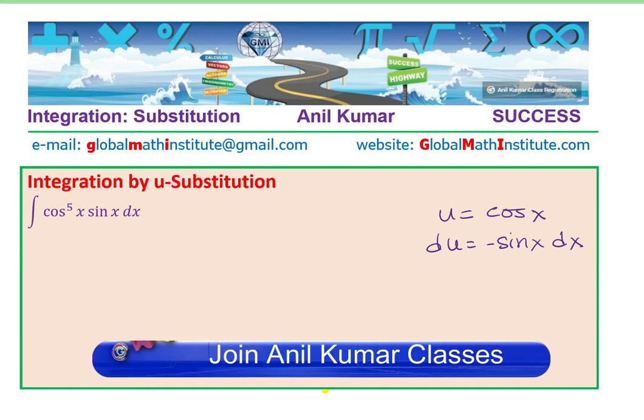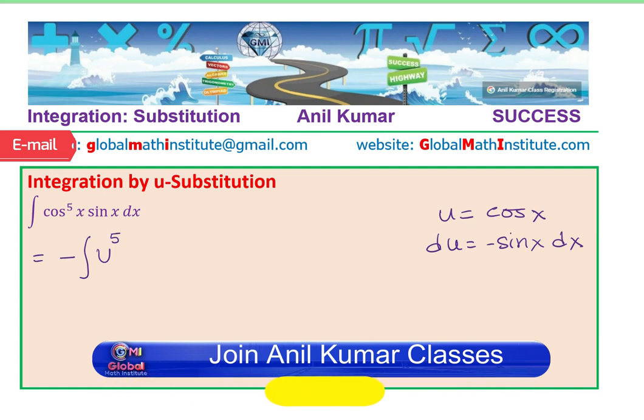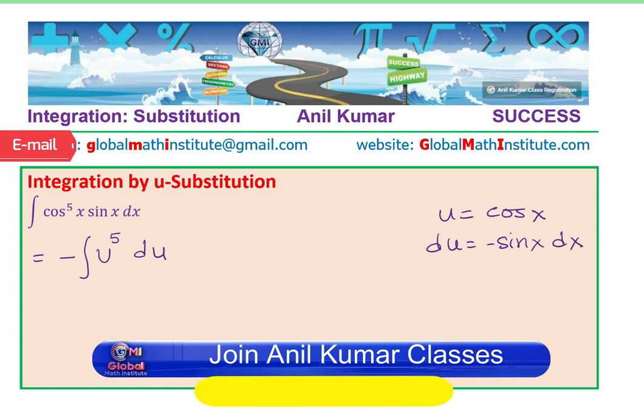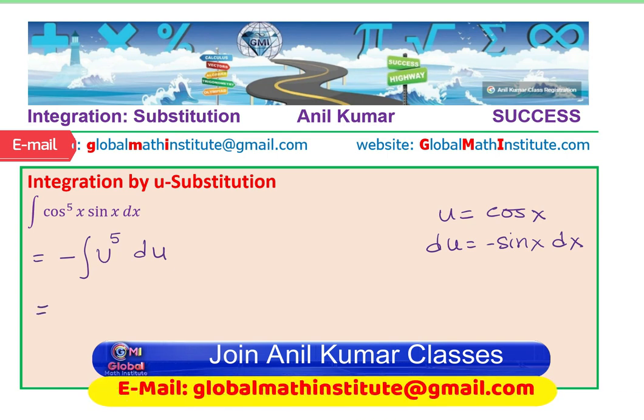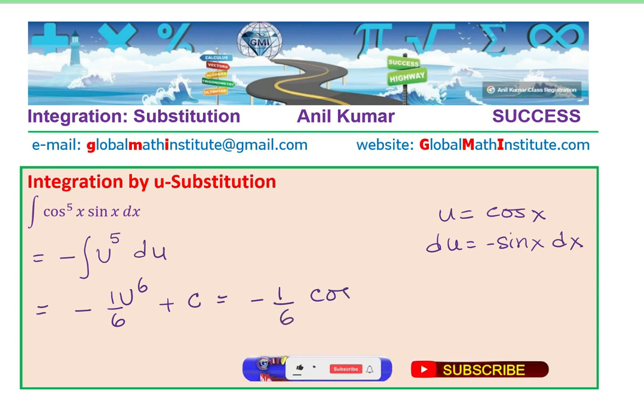So making the substitution as we did last time, the negative will come outside and we have u to the power of 5 in this case, and sin x dx is du. And we have a very similar result, which is negative u to the power of 6 divided by 6 plus c. Substituting u back as cos x, we get minus cos to the power of 6 x over 6 plus c as our result. See how simple it becomes.